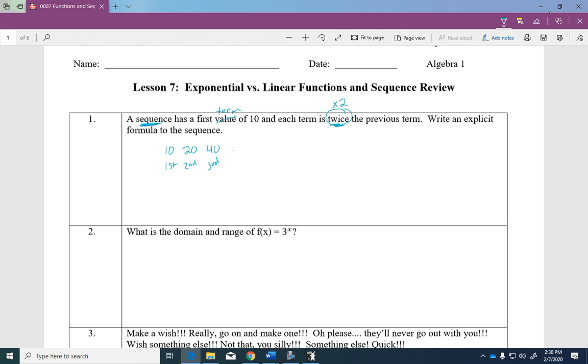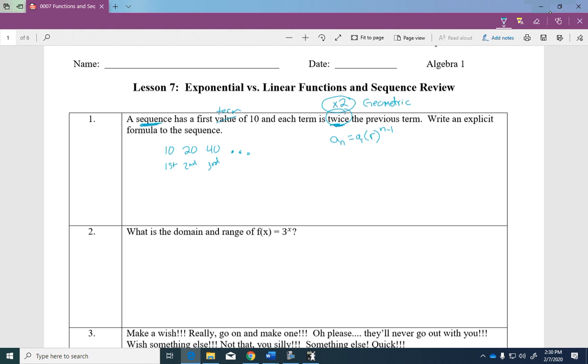It's asking us to write the explicit formula for the sequence. We determined it was exponential because of this multiply by 2, which really means it's called a geometric sequence. With geometric sequences, given on the Regents exam, is the formula a sub n equals a sub 1 times the common ratio to the n minus 1.